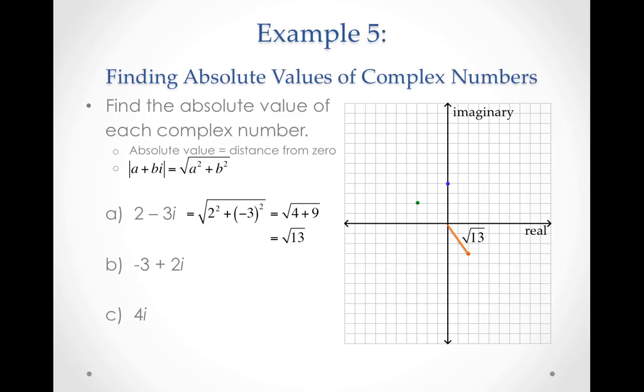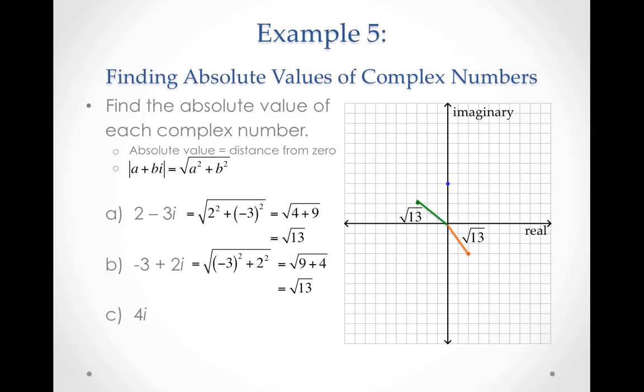If I work out for b, I would be taking negative 3 squared plus 2 squared and square rooting that, which just happens to also give me square root of 13. So the distance from my green point to the origin is a square root of 13 distance.